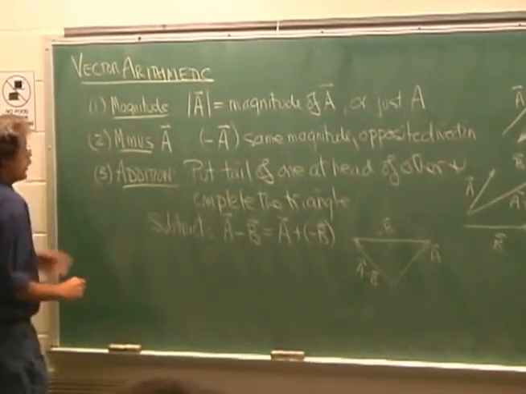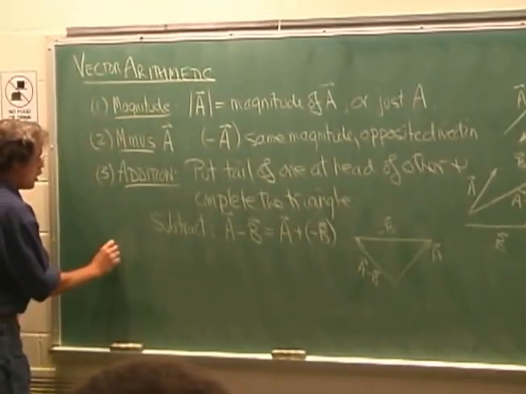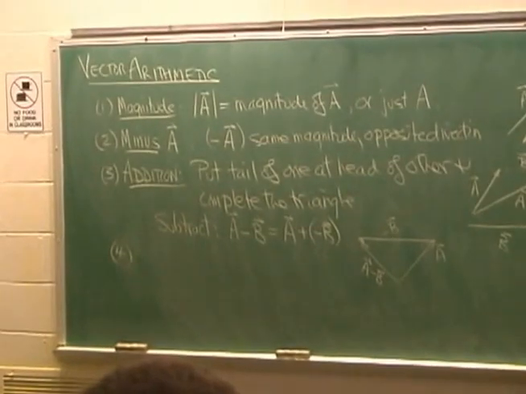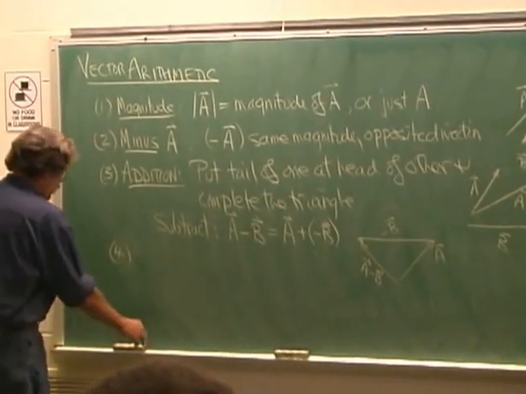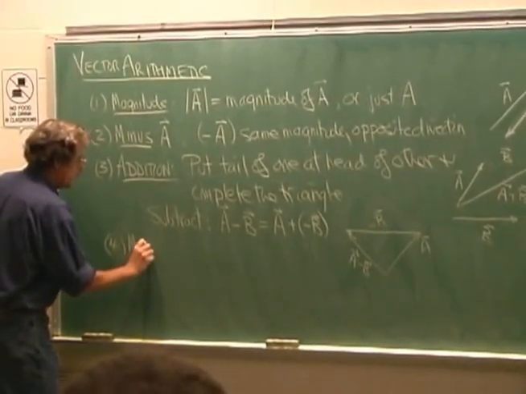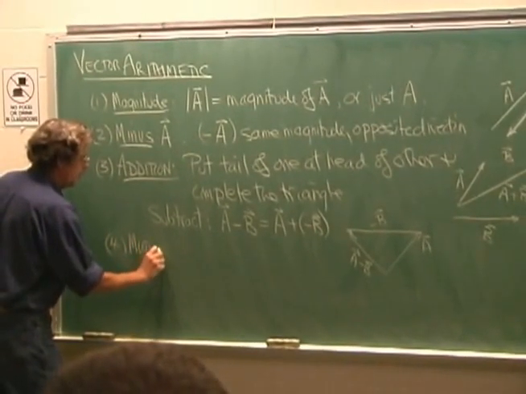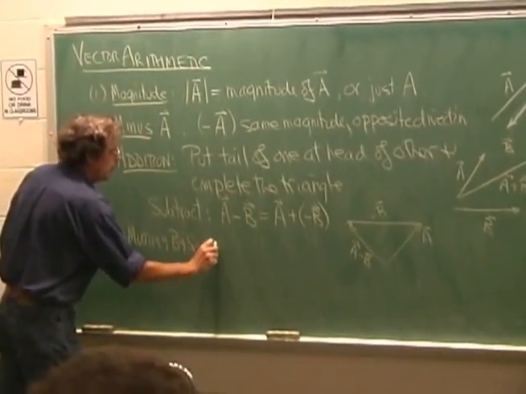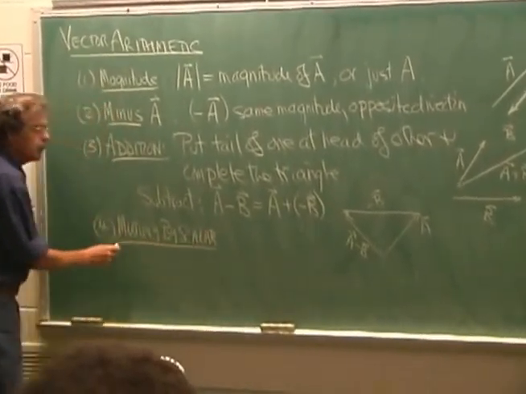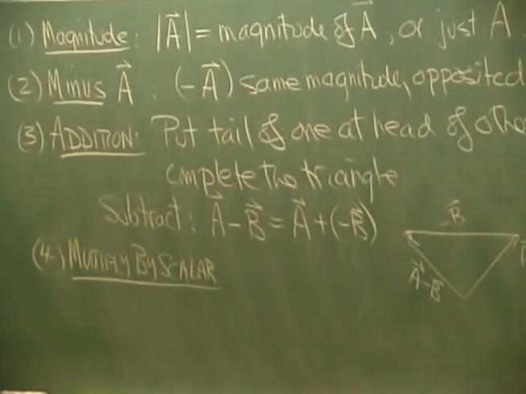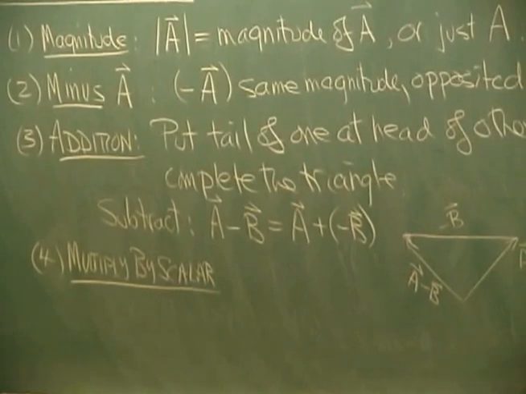Okay, there's addition. There are now three kinds of multiplication for vectors. The first is fairly obvious. Multiply by a scalar. If you multiply a vector by a scalar, like the number 3 or something, that's going to give you a vector with the same direction but 3 times as long.